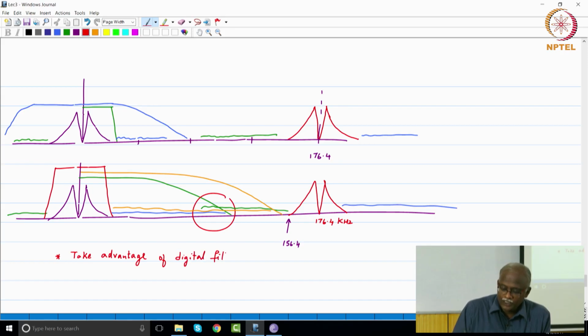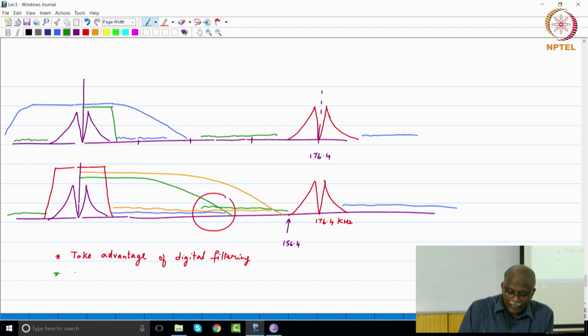So, this also means that when you say take advantage of digital filtering, reduce your requirements on analog filtering, but you have to be very careful that you do not compromise on the signal fidelity, the signal in the range of interest. So, you can deliberately violate. There are examples, like in your music players, where you may be violating the Nyquist criterion deliberately, but because you know the portion of the signal that is eventually going to be retained, you take advantage of that.